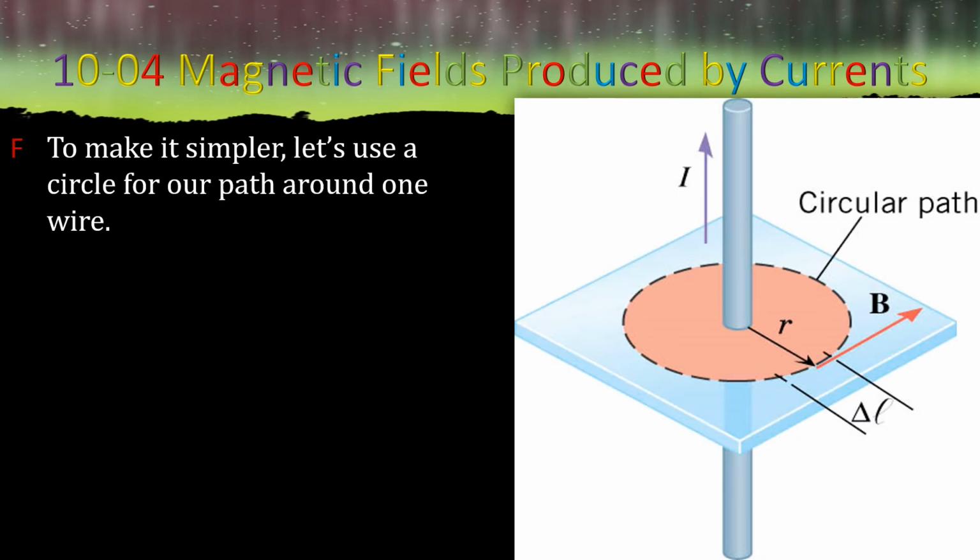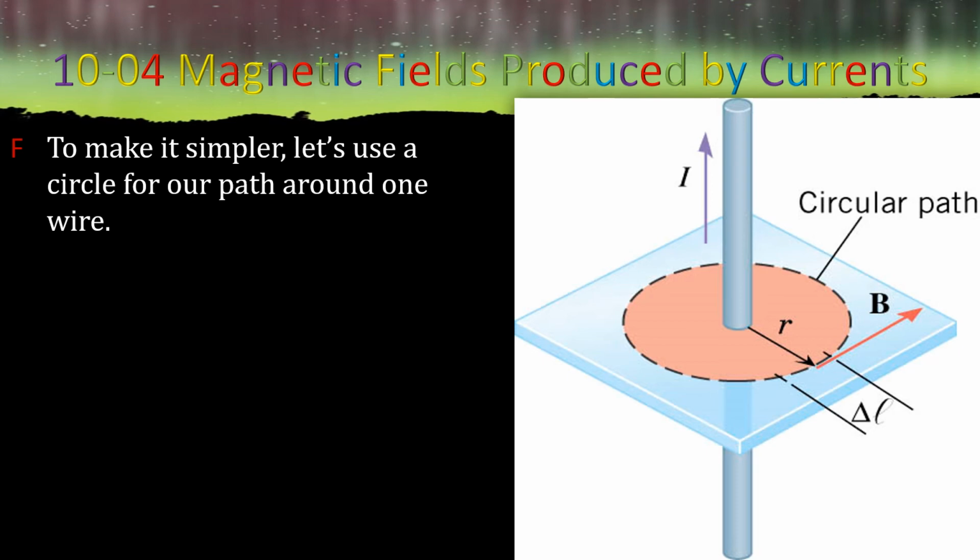This is the next one. We are making it a simple case. This is a straight long conductor carrying current I in the upward direction, the y axis. At the point P, somewhere P, we are taking a circular path and the length of this circular path I am taking as small l.